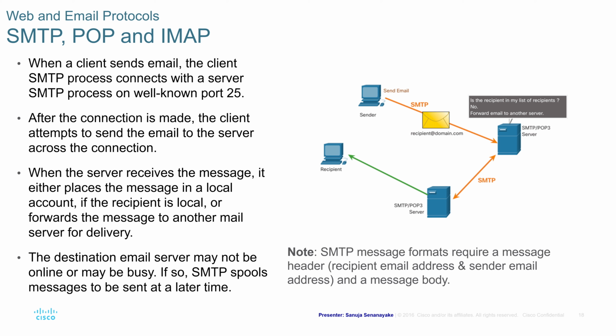When the server receives the message, it either places the message in a local account if the recipient is local, or forwards that message to another server for delivery. The destination email server may not be online or may be busy. If so, SMTP spools messages to be sent at a later time.